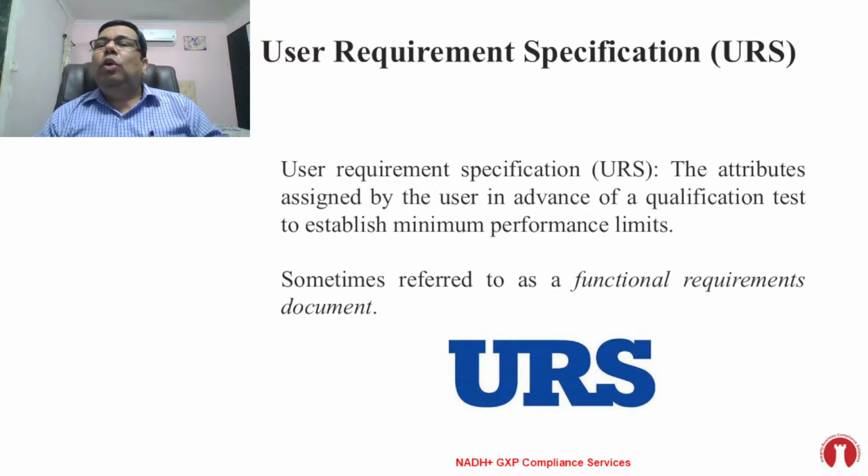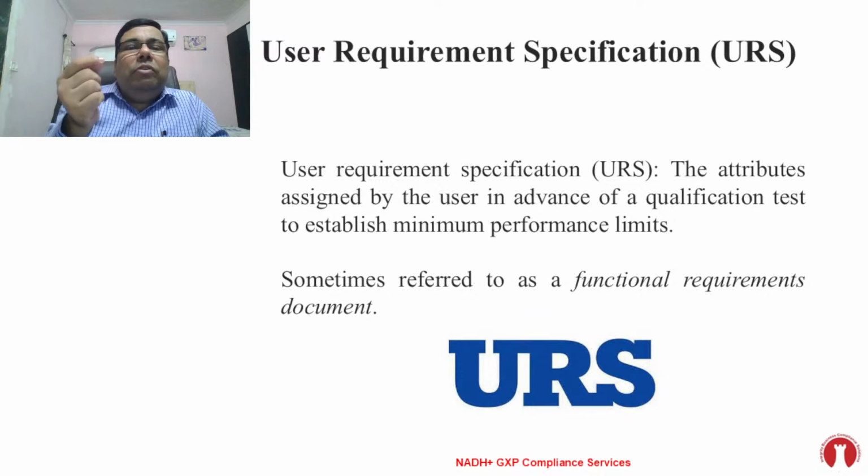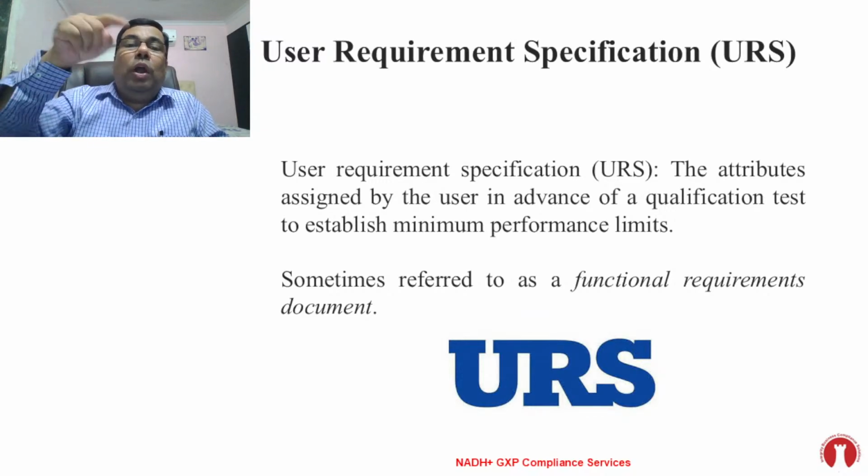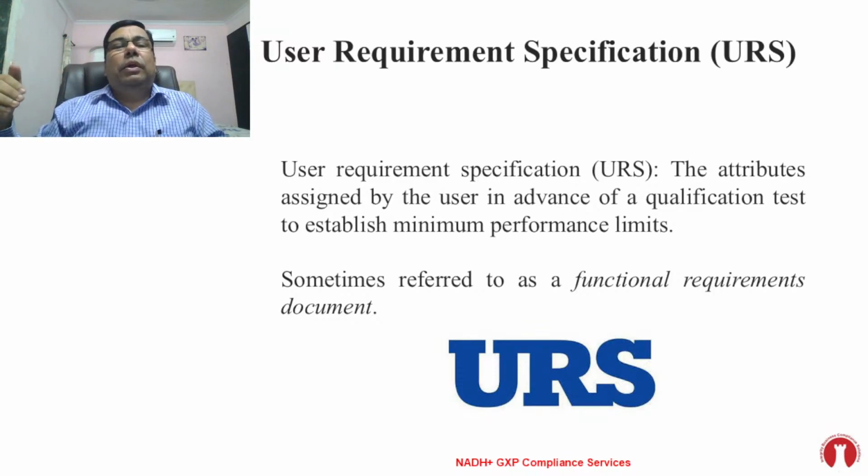So what is the meaning of URS? URS means user requirement specifications. User requirement specification means the attributes assigned by the user in advance of a qualification test to establish minimum performance limit.